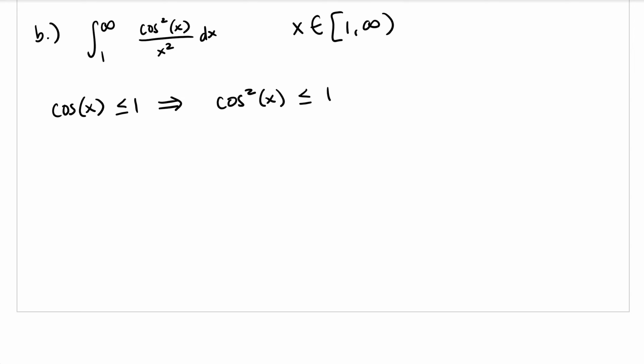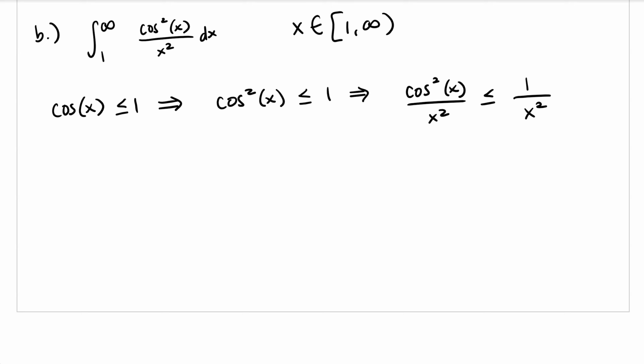And x squared is going to be a positive number, so I can take my inequality and divide both sides by x squared, and the inequality sign will still hold true. So in other words, cosine squared x over x squared is less than or equal to 1 over x squared.